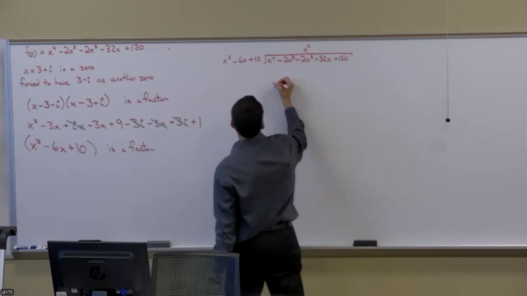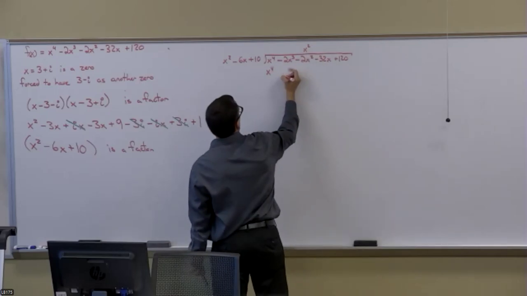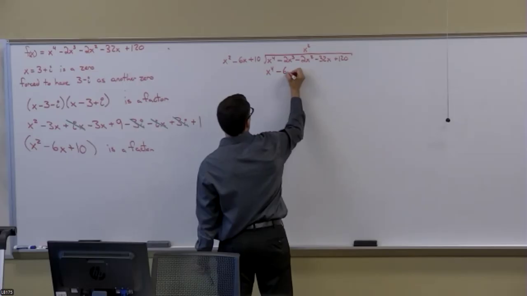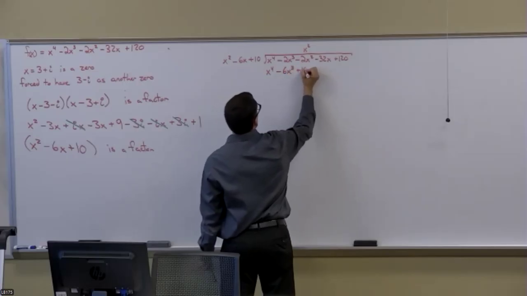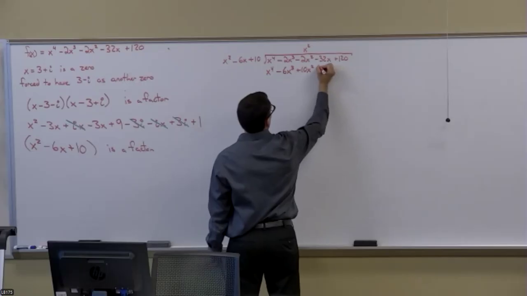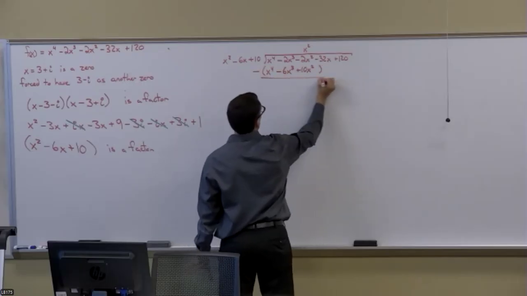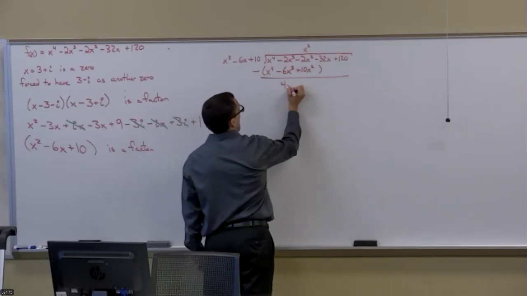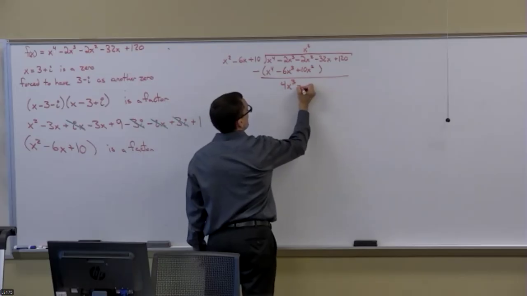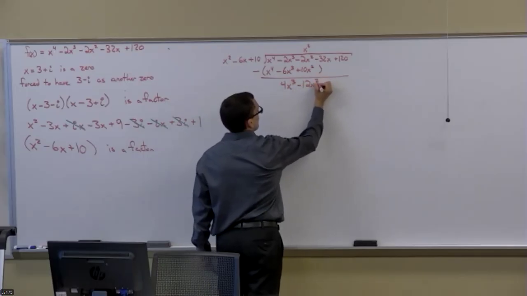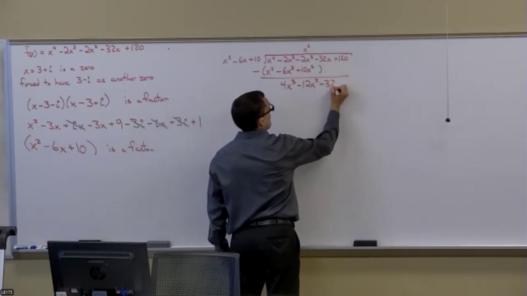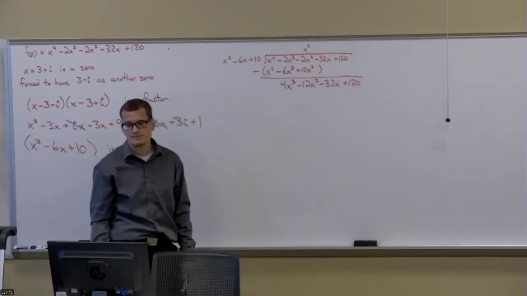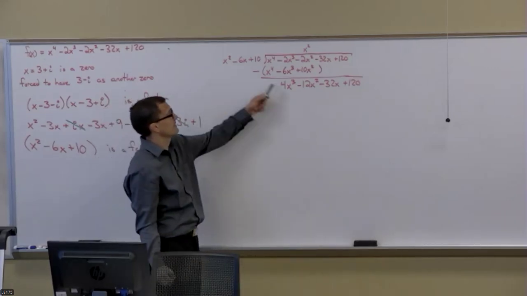x squared is what I need to get an x to the fourth. When I multiply x squared by that polynomial, I get x to the fourth minus 6x to the third plus 10x squared. Subtract the whole thing off. That would give me a 4x to the third minus 12x squared minus 32x plus 120. What do I need to multiply x squared by to get 4x to the third?